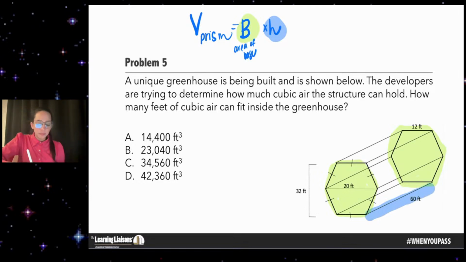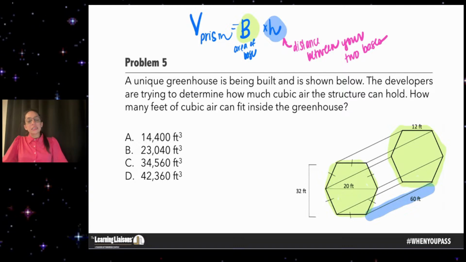Because the height is the distance between your two bases.